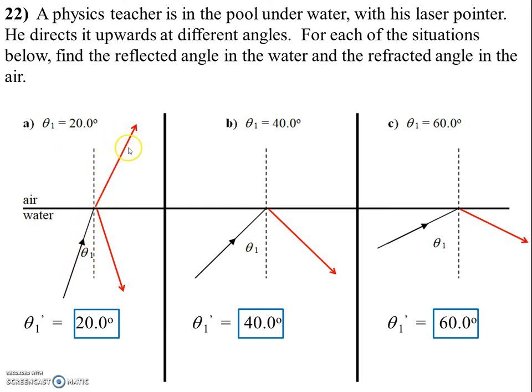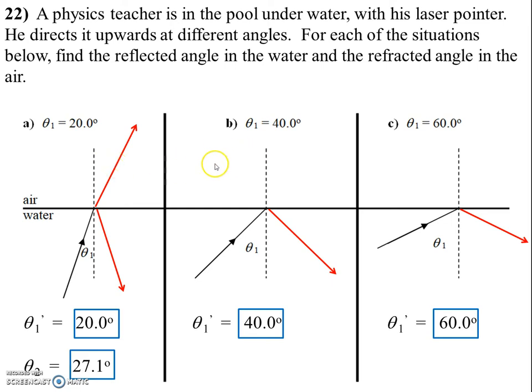It's going to bend something away from the normal. I don't know how much yet, but you do the math, you do your Snell's law, and you should be getting 27.1 degrees, right? Is that more than 20 degrees? You bet, right? So what comes in at 20 degrees bends to a slightly larger angle away from the normal, 27.1 degrees. Now, if you made a hugely drastic different angle there, do you want to go back and change it? It's up to you.